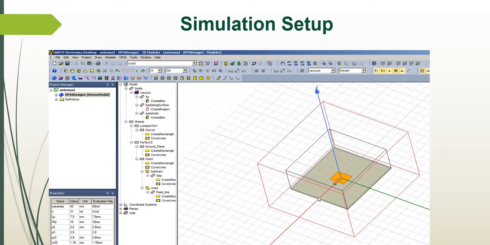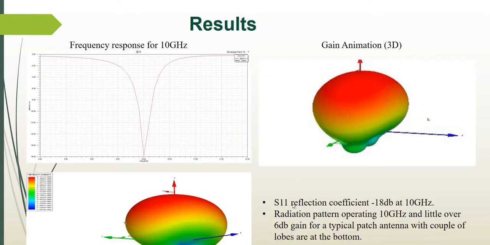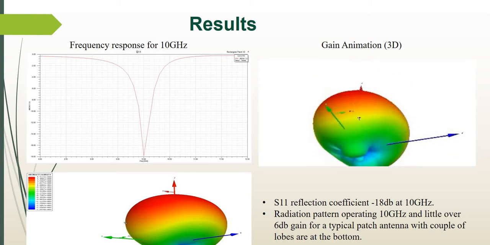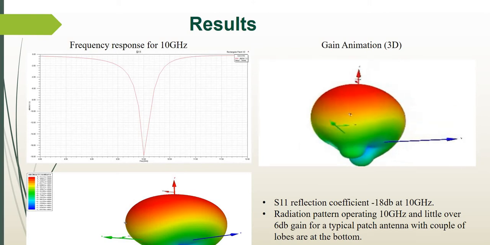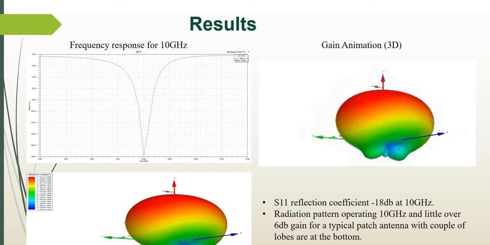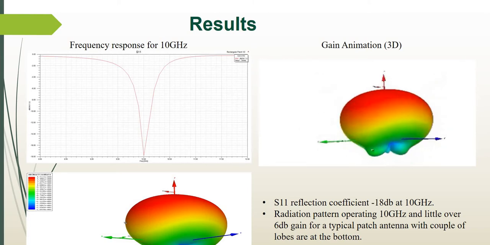When I ran it, it took about 5 minutes, and here are the final results that we are expecting for 10 gigahertz. Under the results, S11, the reflection coefficient, for 10 gigahertz was minus 18 dB.